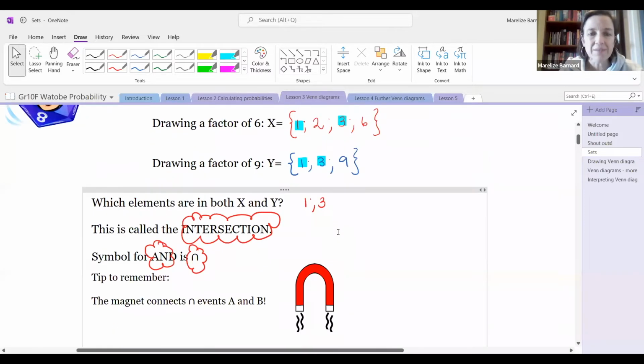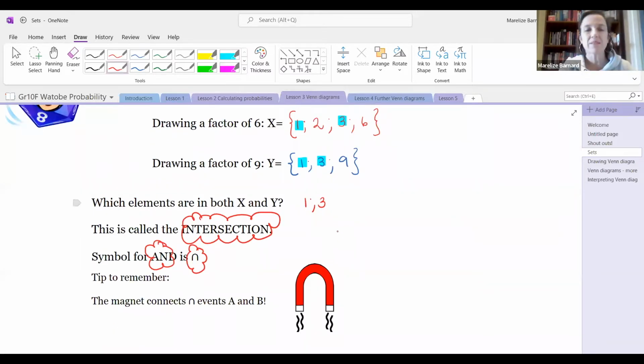Now, a way for you to remember this symbol is to think of it as a magnet, and the magnet is the thing that connects A and B. So if I want to say what is the intersection of X and Y, I write X intersection Y equals, and now I list the things that they have in common, which was the 1 and the 3 that you guys all rightly pointed out.